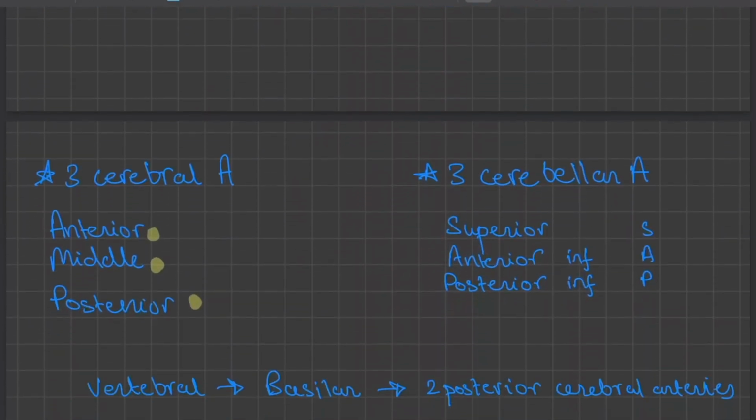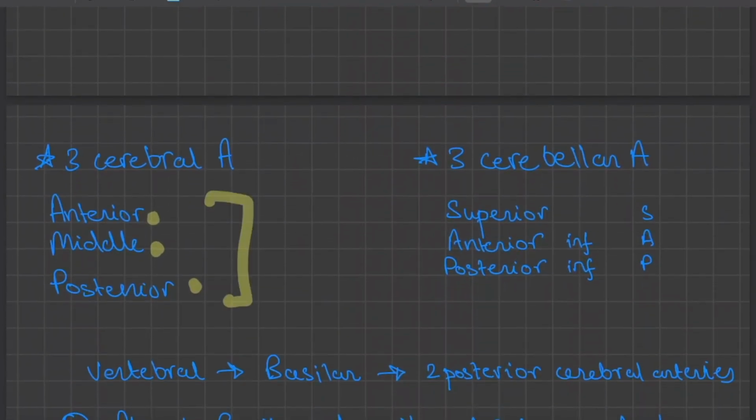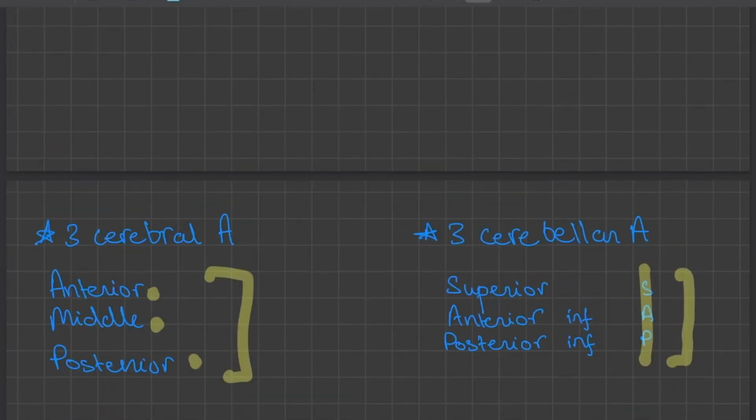All three of these are the cerebral arteries, and they supply the cerebrum. Then you have the cerebellar arteries, and I know the names sound a little confusing, the cerebral and the cerebellar. That's why I want you to be on the lookout for this. The cerebellar arteries are three: the superior cerebellar artery, the anterior inferior cerebellar artery, and the posterior inferior cerebellar artery. So this makes the mnemonic SAP, so you could just remember it as that.